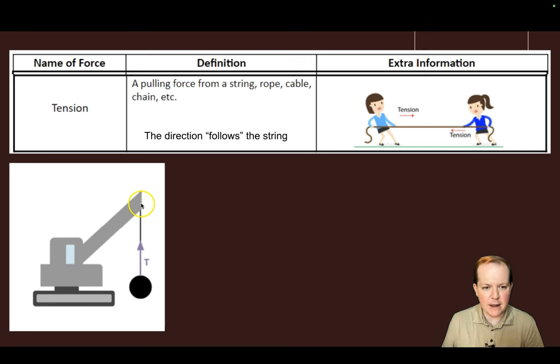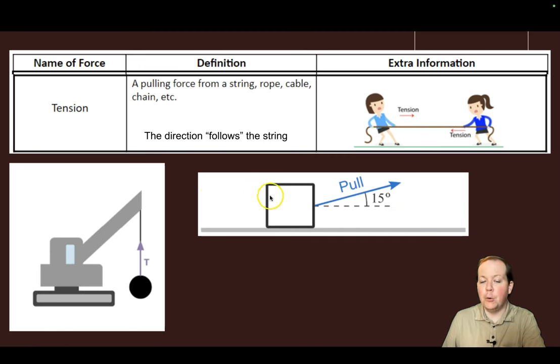Or here I have a wrecking ball. The machine is holding up this wrecking ball using maybe a really heavy rope or chain. You might say that this ball is being held up by a force of tension. Okay? Also, if you are pulling something at a diagonal, again with a rope, you're pulling with tension. Right here, it says that the tension, the direction this force acts, it's kind of easy. The trick is it's in the same direction as the string or the rope.